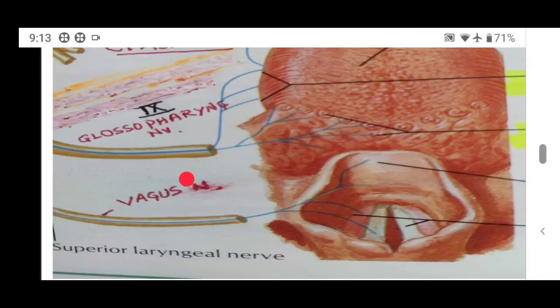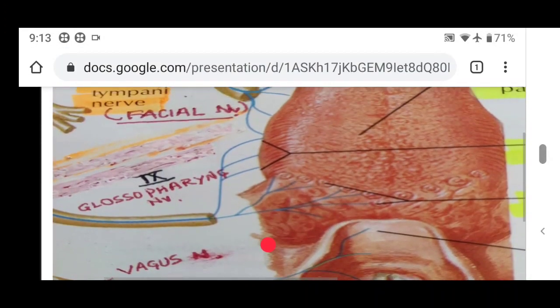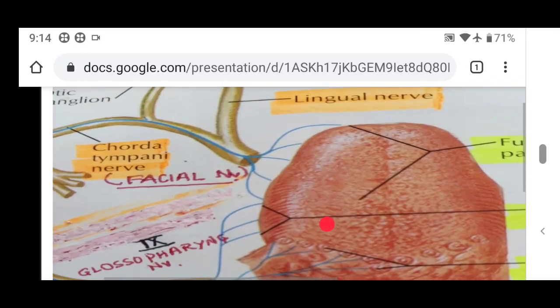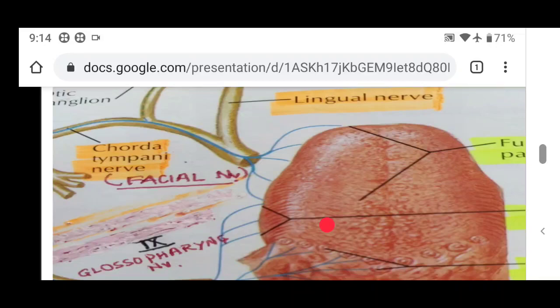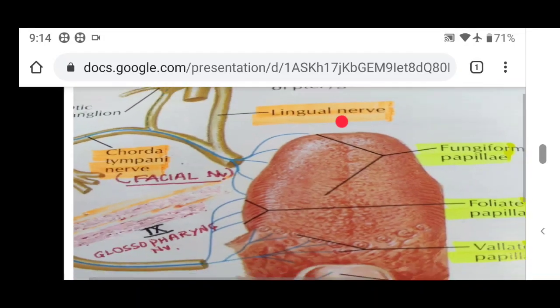See here, it is receiving vagus nerve, and the rest of the posterior 1/3 receives glossopharyngeal nerve branches. You can see here, well visible. And the anterior 2/3 receives nerve chorda tympani, a branch of the facial nerve. You can see here different branching. So it is very well visible, the nerve supply of the taste buds and epithelium of the tongue.